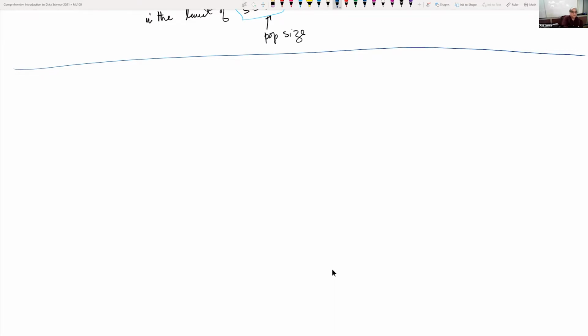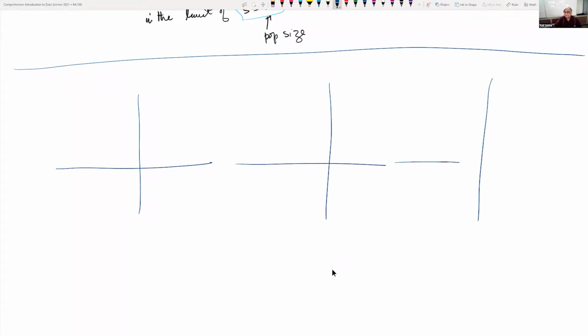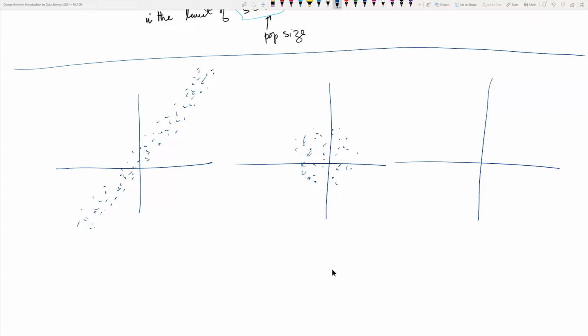Suppose you get data. Take these three cases of data. In this, you see data is going like this. In this, data is like this. I'll make a few more. Is it visible on the screen, guys? Yes.